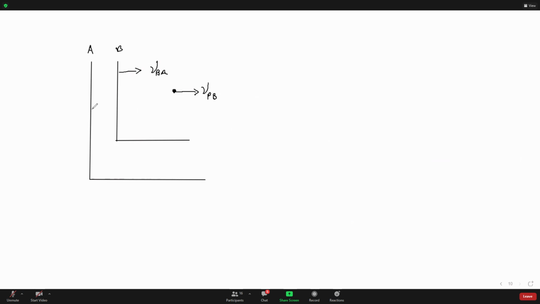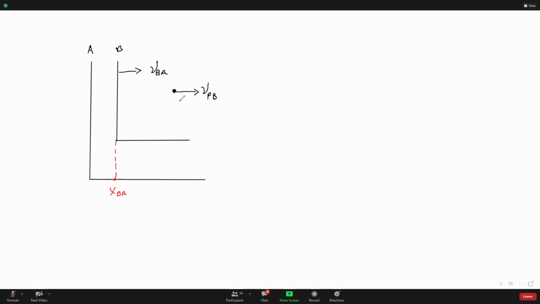All right, let's define some more terms. This here represents the value x of B in A. So that's that point right there. As measured in frame A, that is the position of the origin of frame B at some time.